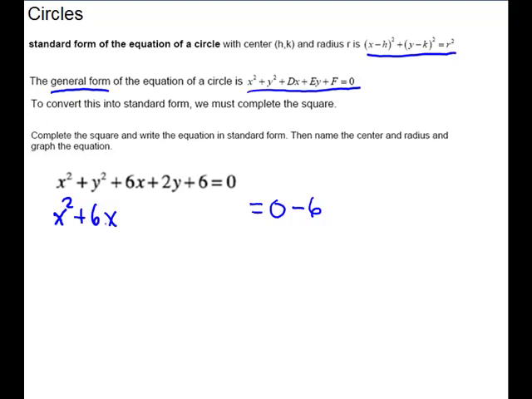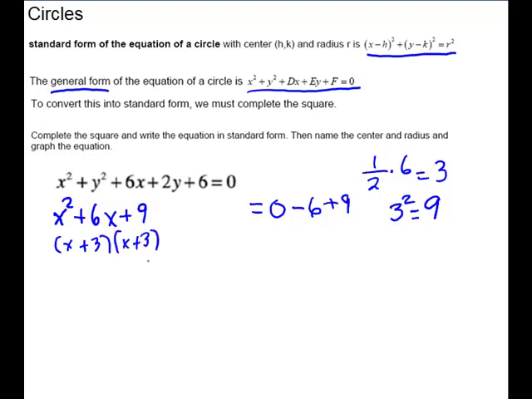We're going to take half of 6, which is 3, square it, which is 9, and that is what I'm going to add. I have to do the same over here. And this will factor to x plus 3 times x plus 3, which is x plus 3 squared.